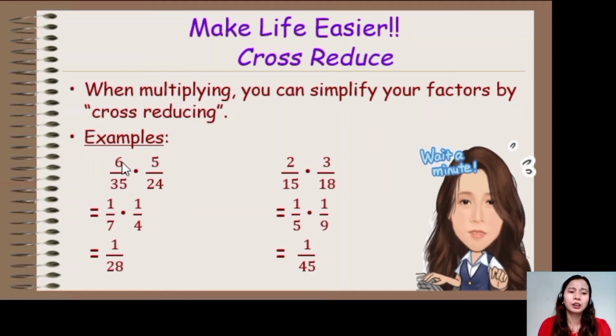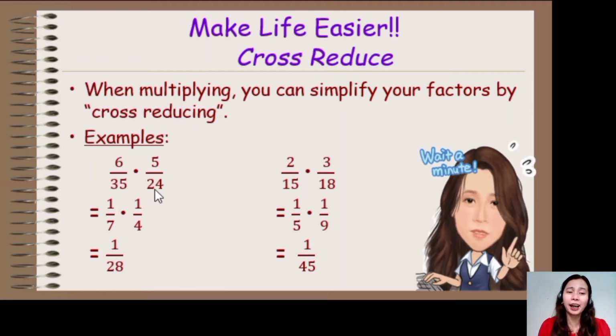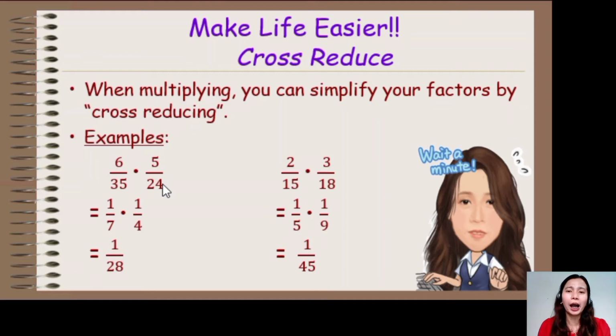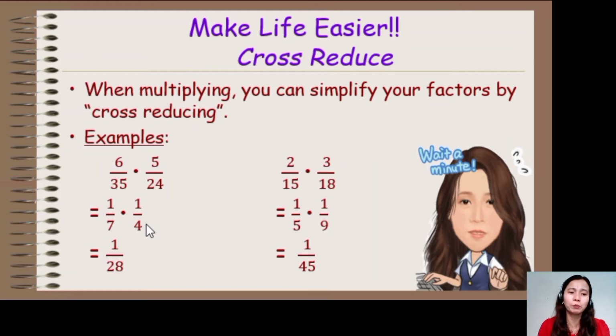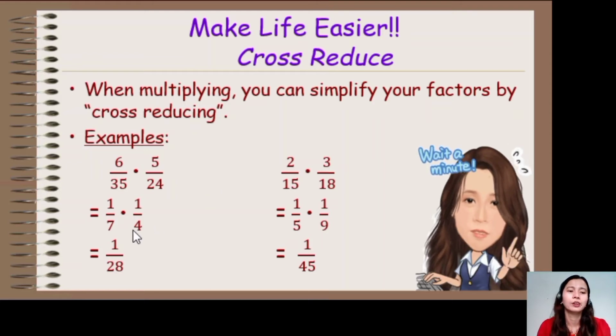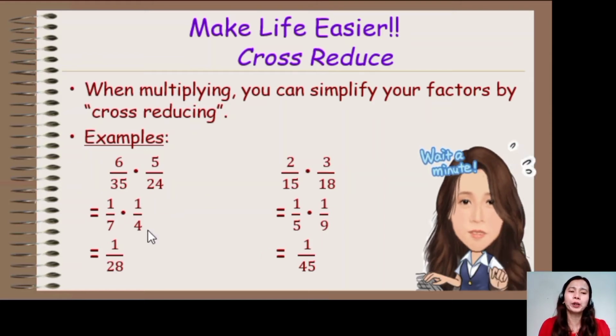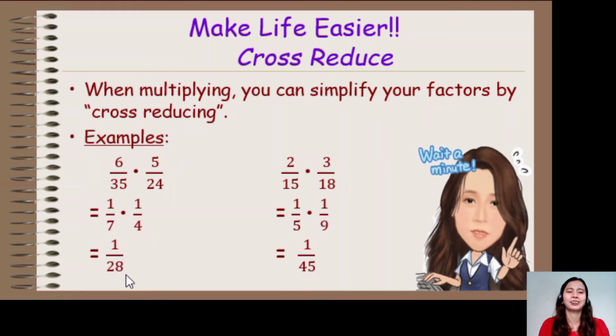So 6 and 24 have a common factor. Both are divisible by 6. 6 divided by 6 is 1 and 24 divided by 6 is 4. So, numerator to numerator, we have 1, 7 times 4, 28.